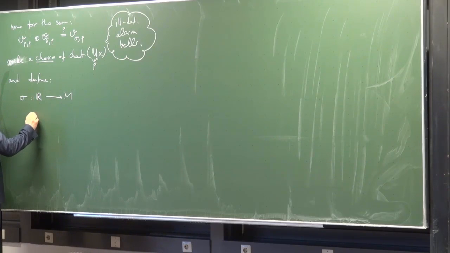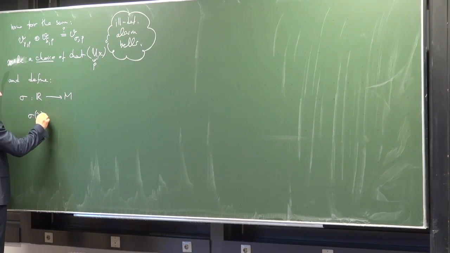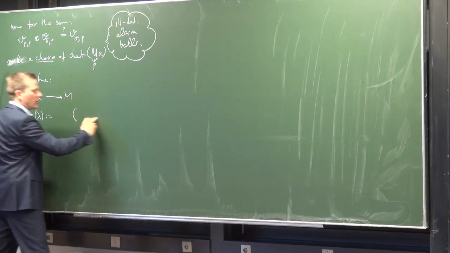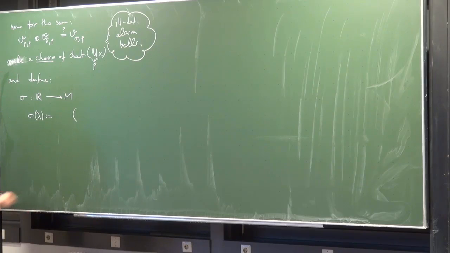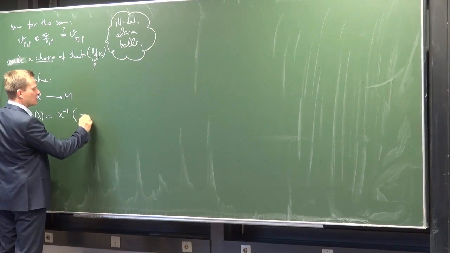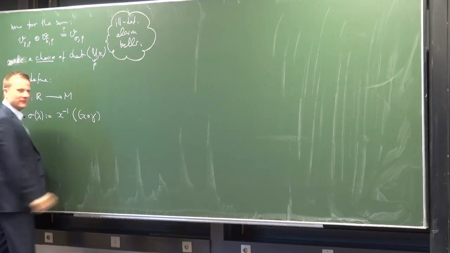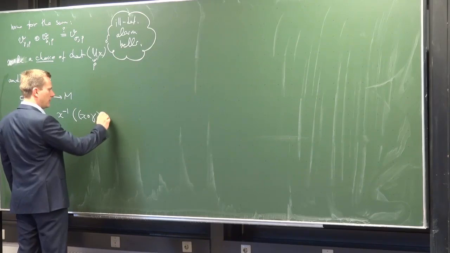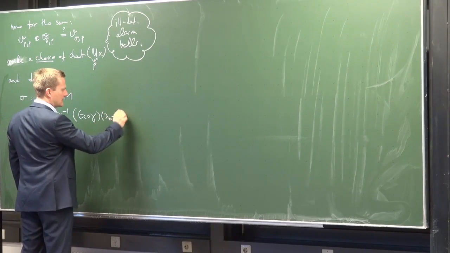Sigma of lambda: I define now a curve in the chart, and once I have it, I take it back into the real world by x to the minus 1. In the chart, I take the chart representative of the curve gamma at the point lambda 0 plus lambda.